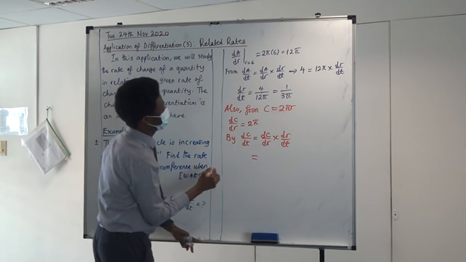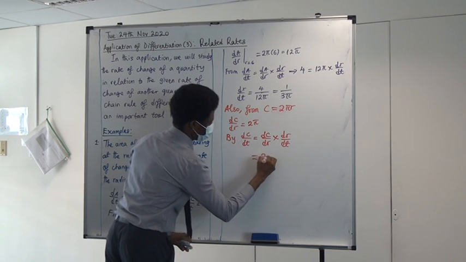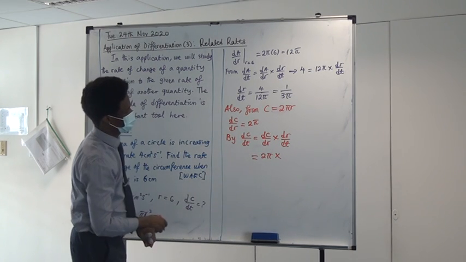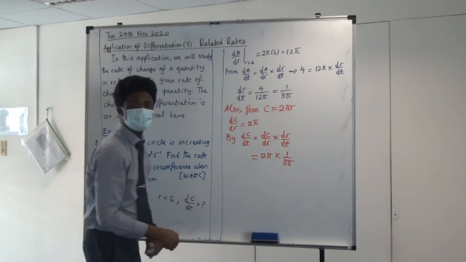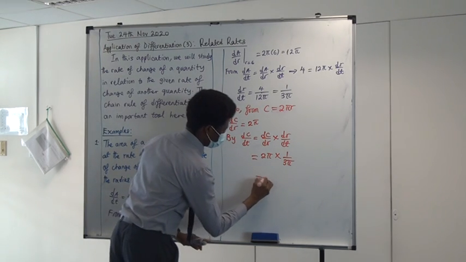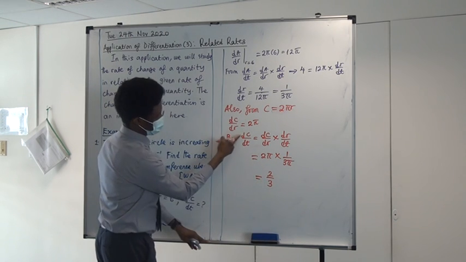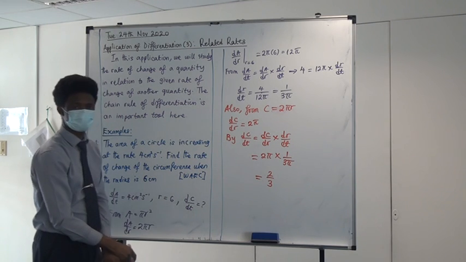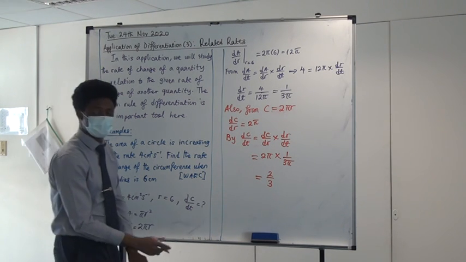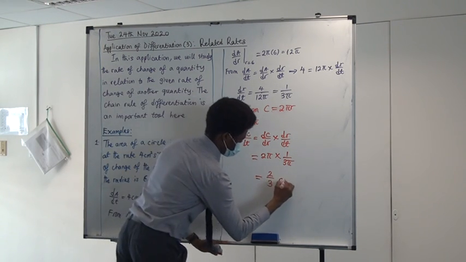So the dC/dr, do we know? 2 pi. The dr/dt, do we know? 1 over 3 pi. So what is the rate we're talking about? 2 over 3. What will be the unit? cm per second.